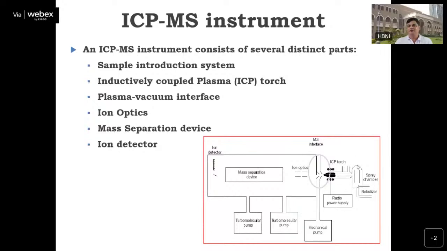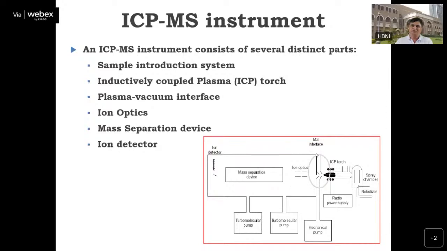But once you have to feed your ions into the mass analyzer, you have to put them in a vacuum, and not only 10 to the minus 3, but 10 to the minus 6 torr. So that's a very crucial part in ICP-MS, how to bring the ions from atmospheric pressure to 10 to the minus 6 torr, such a low pressure.